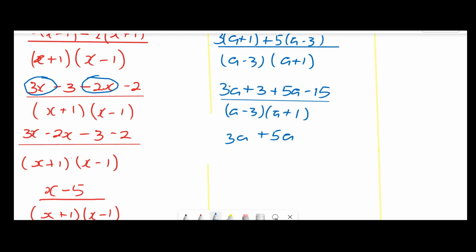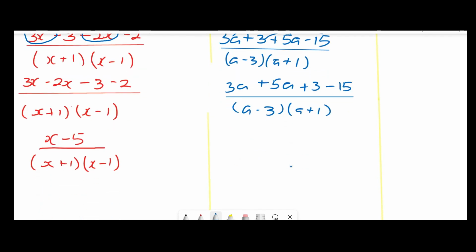These two guys, they are like terms, and then this and that, they are also like terms. So plus 3 minus 15, the signs in front of them are very, very important. So always you have to be careful with that. So the denominator is still going to be a minus 3, a plus 1.